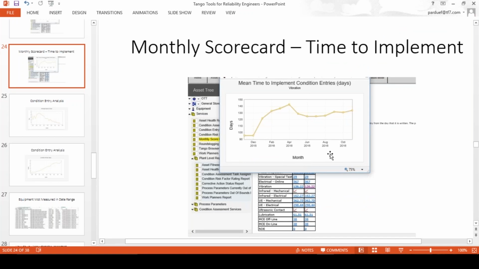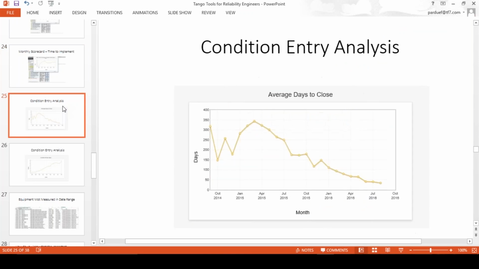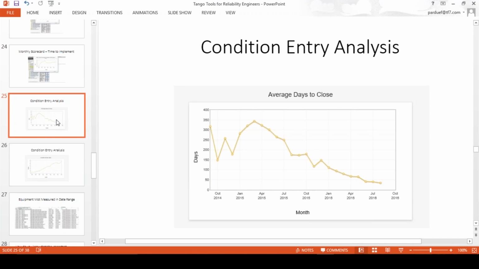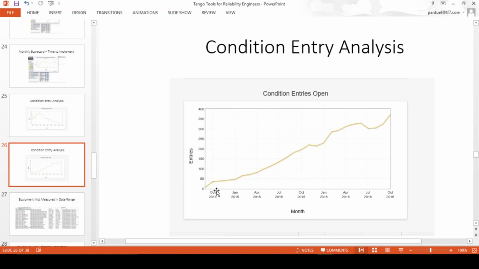Here's another one of those, time to implement. That's very much like the average time to close. Average days to close. Now, I will say that I picked this one for a specific reason. This average days to close looks great. It's falling off. And then look at this particular plant's total open, at 350 open.